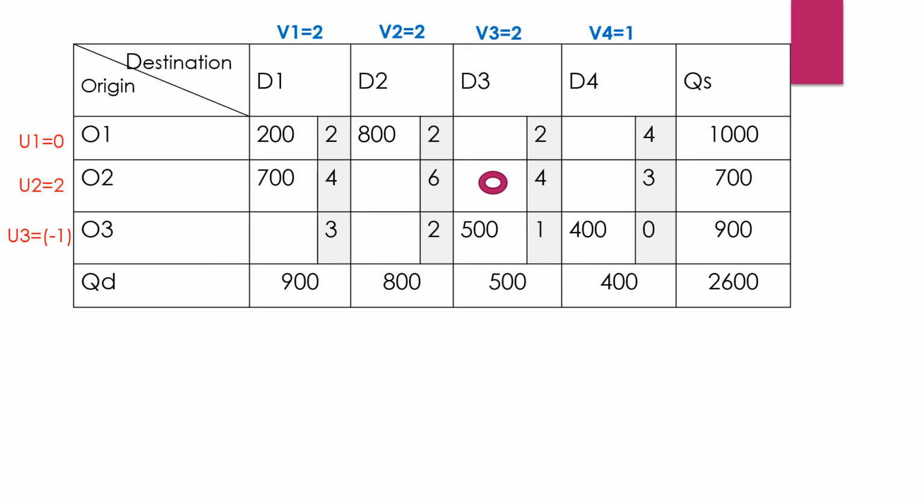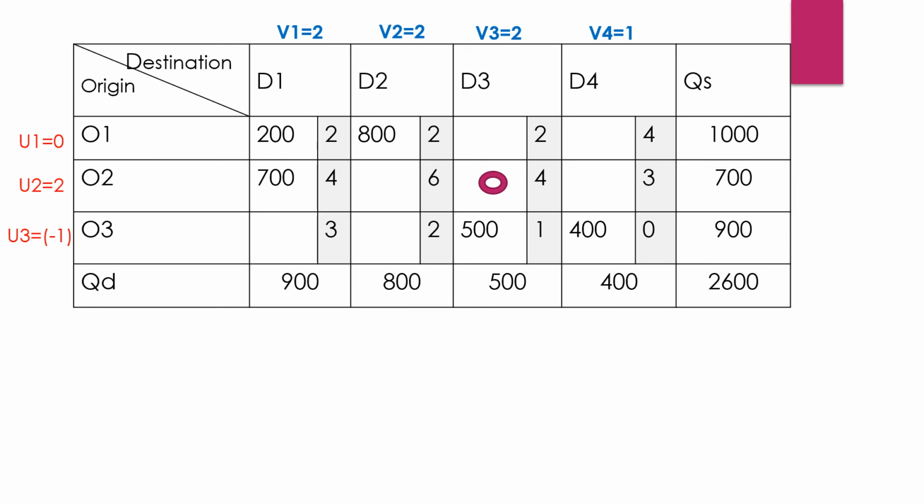To arrive at 4, I need an additional 2. This is how this U2 value comes as 2. Then, if this U2 value is 2, to arrive at 4, I need another additional 2 in O2 D3 cell. Therefore, V3 would be 2.